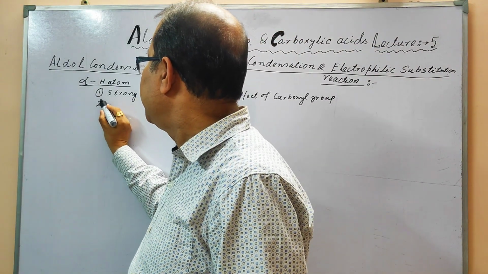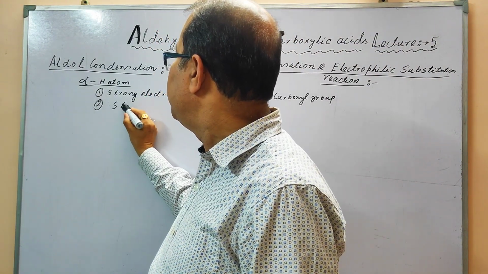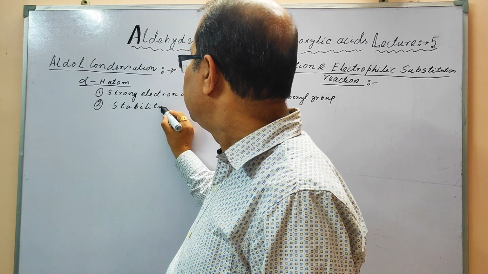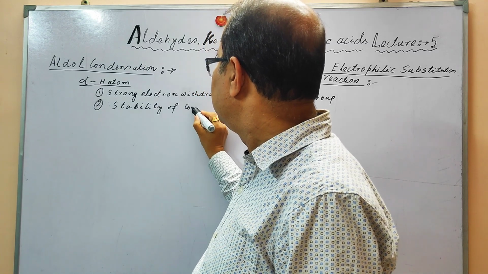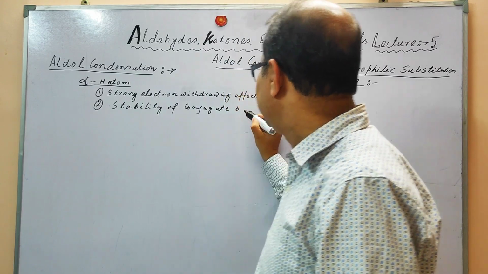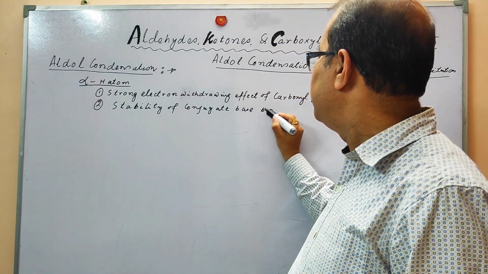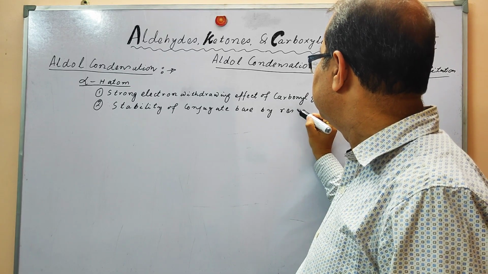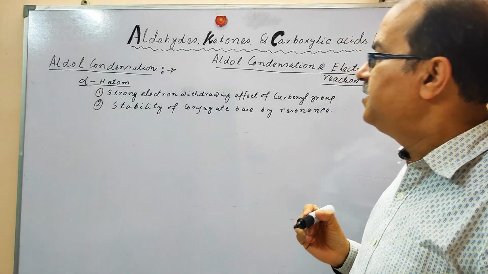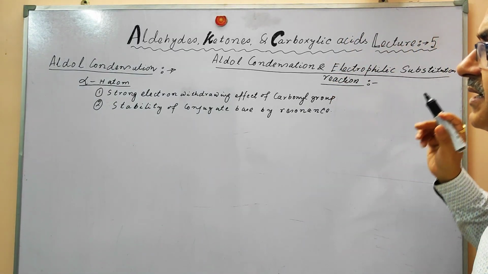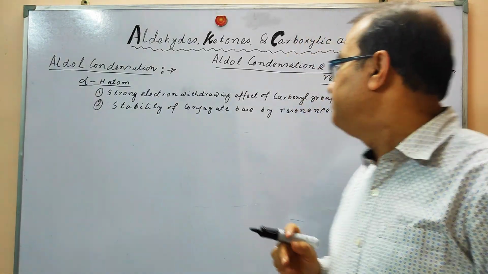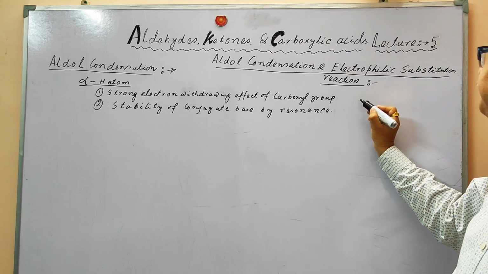And second, the stability of the conjugate base by resonance. These two important factors make the alpha hydrogen of the ketone or aldehyde acidic. How? Let us understand.